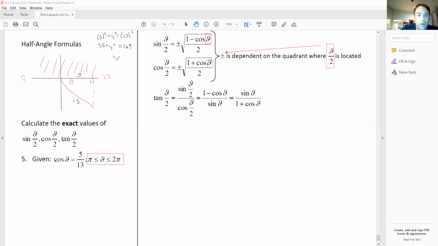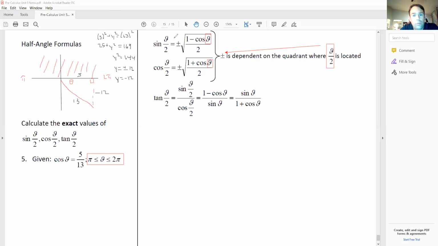So y squared is 144. And y is going to be plus or minus 12. So if we're looking at where we're located, we're down in quadrant 4. That means I want y to be equal to negative 12. Okay, so that's the triangle that I'm going to use to deal with my formulas.